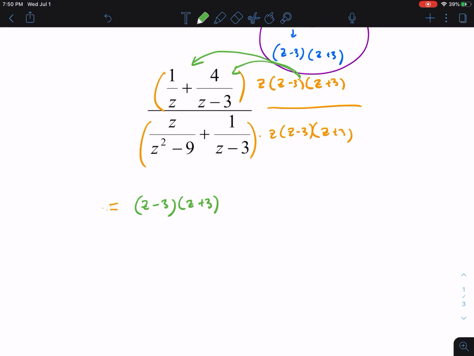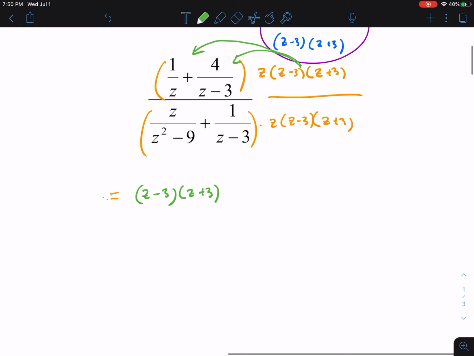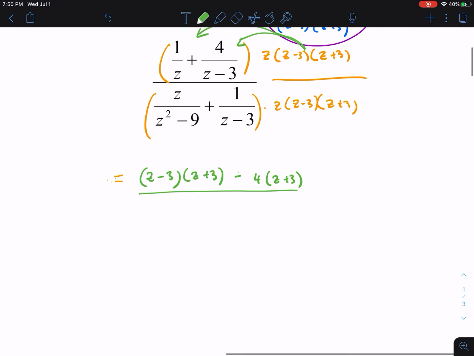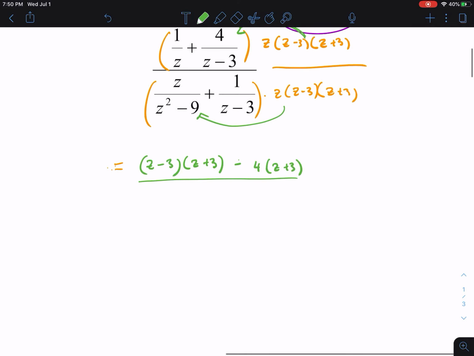And this times that gives us plus 4 times z plus 3, because z minus 3 cancels out. And down here, that's going to leave us with z squared, because z squared minus 9 cancels out with that one, plus the z minus 3 cancels out, which is plus z times z plus 3.